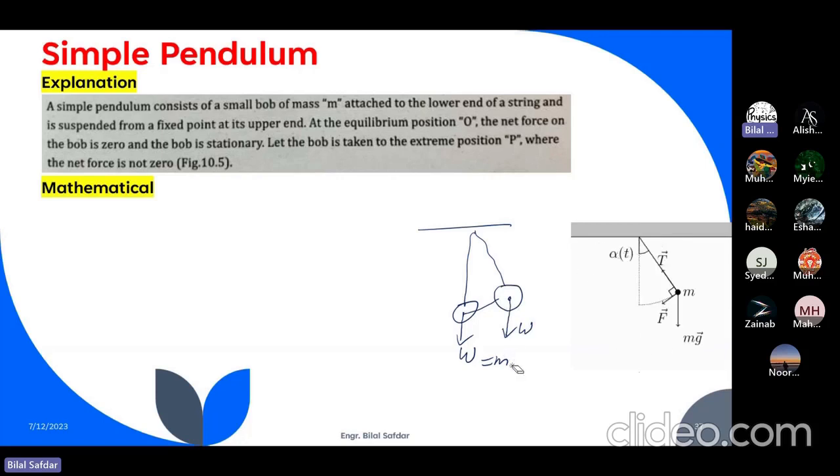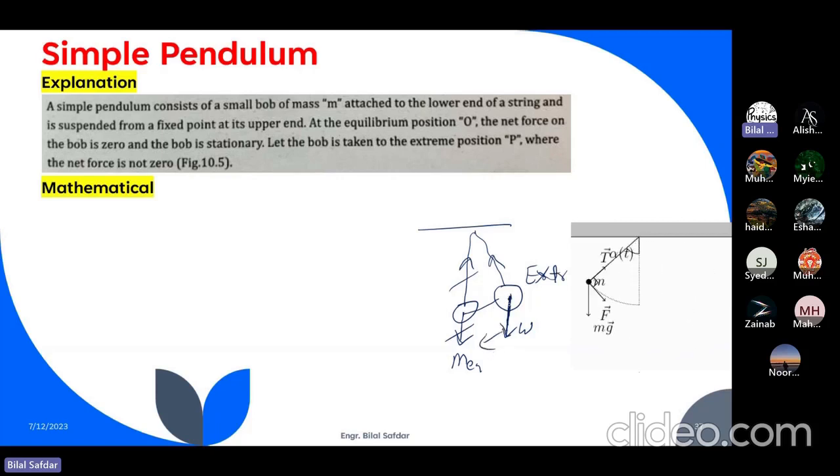But you can say that there is a tension in the string upward. If you notice, at mean position the tension is above and the weight is below, so they cancel each other's effect because it is remaining at rest. When it is at extreme position, the weight will act as a restoring force.